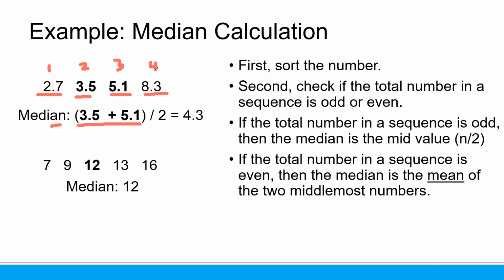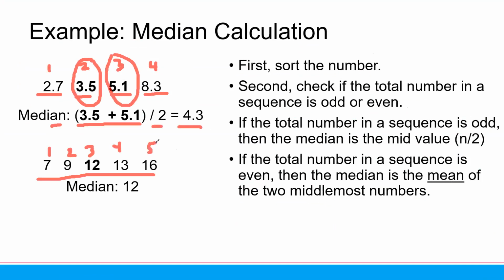Because we have 4 numbers, the median will be the second element plus the third element, divided by 2. So we have 4.3 for the median. What if we have these numbers? So we have 1, 2, 3, 4, 5. So the number of elements is 5. So the median will be the middle number.